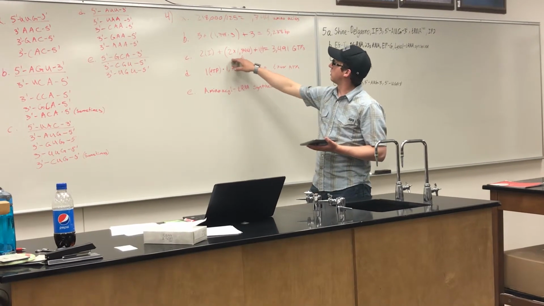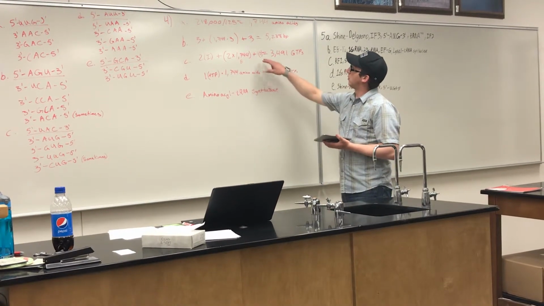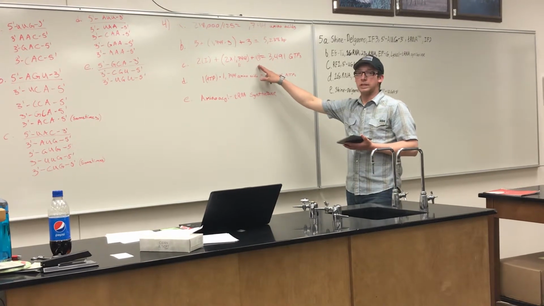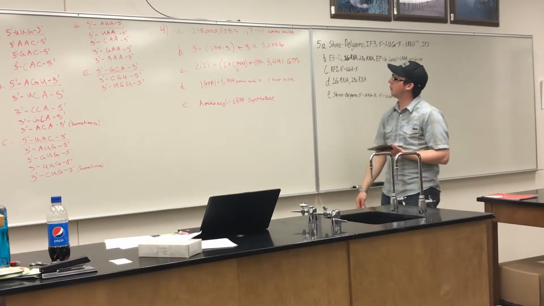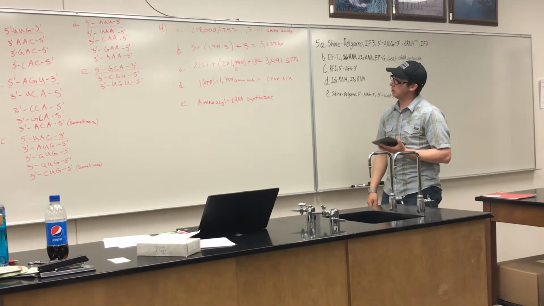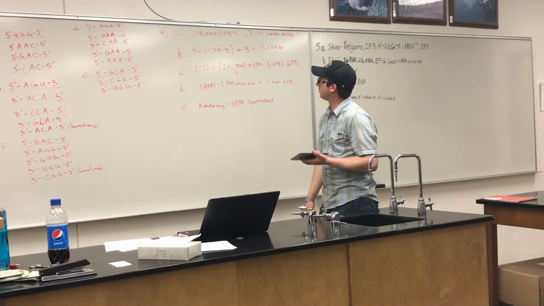So we would times the 1,744 by 2, and then we add 1 more GTP molecule for termination, which comes out to 3,491 total GTPs used for the entire molecule.